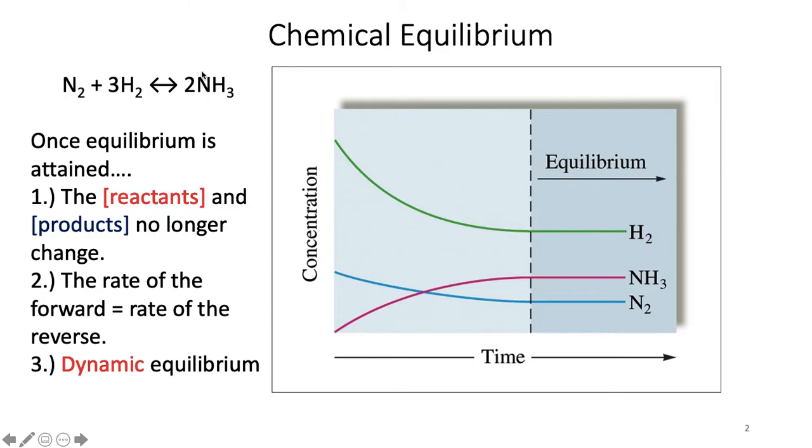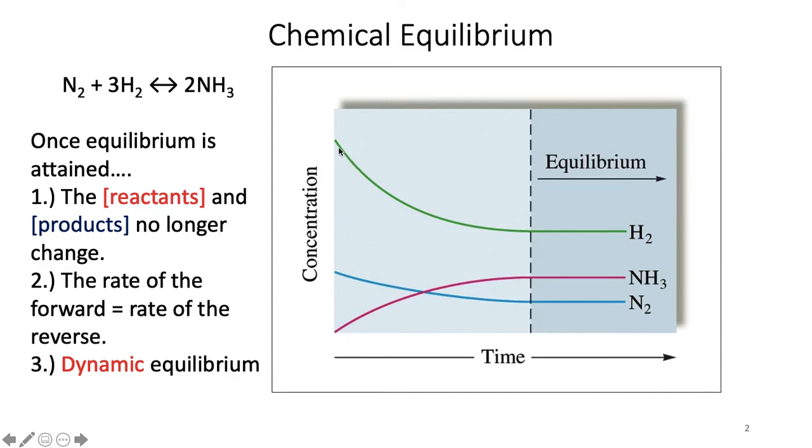The forward rate, how fast this reaction is going to happen in the forward direction, will be determined by the concentrations of these species. At the beginning, it goes faster, because there's nothing to hinder it, so there's no product. There are only reactants. As they react, however, the rate slows down a little bit, and the reverse rate speeds up because now I have some NH3 occurring.